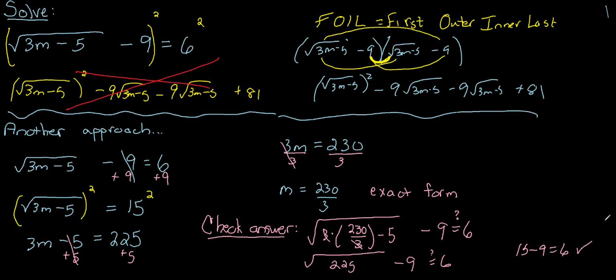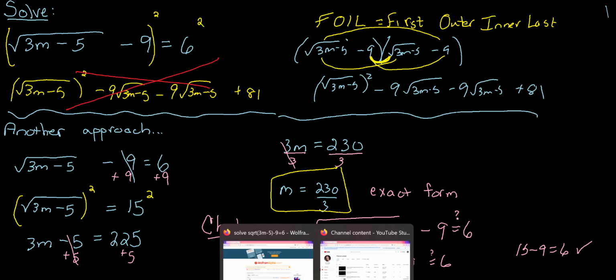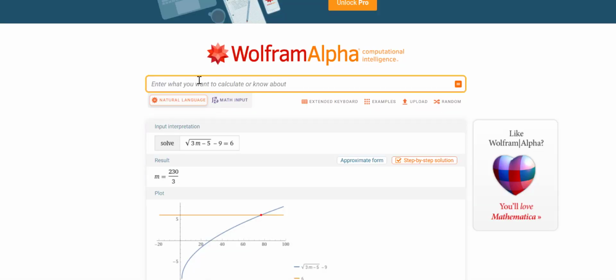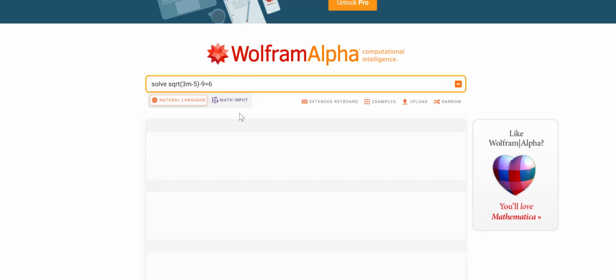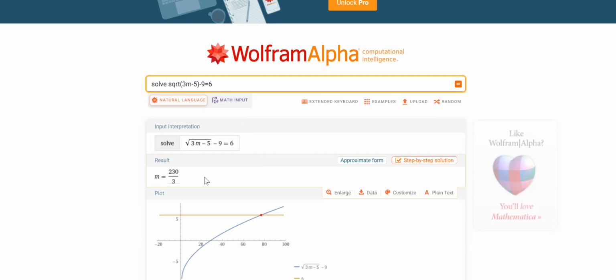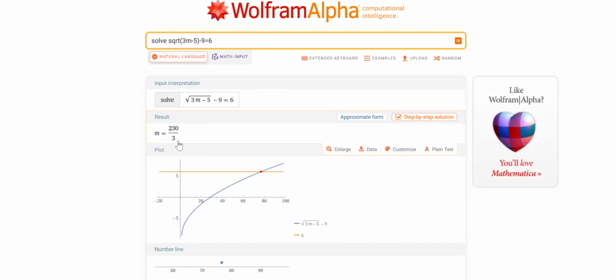I am confident that this is my final answer. Now, we can go over here and check that in Wolfram Alpha. So I'll show you how to check that with technology here. If you type this in, solve the square root of 3m minus 5 minus 9 equals 6, you will get a solution here. So that's always a good way to check your work as well.